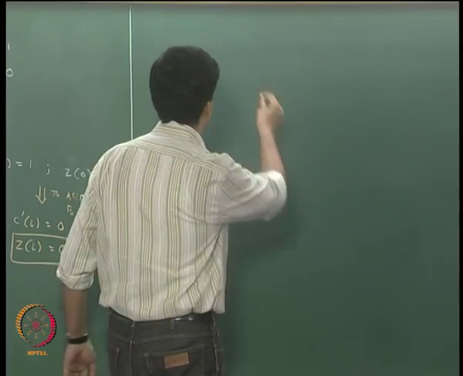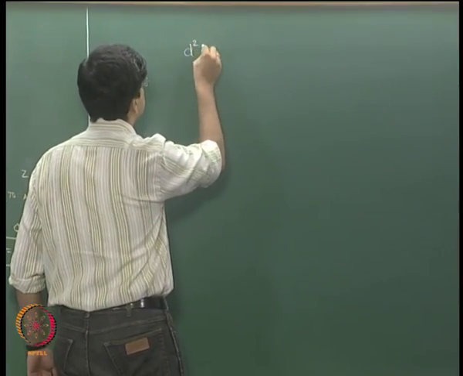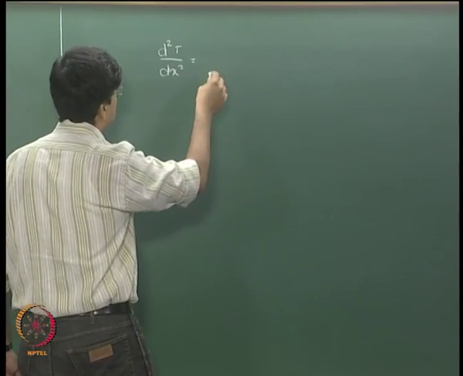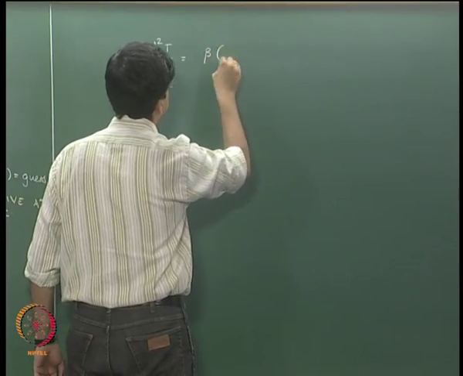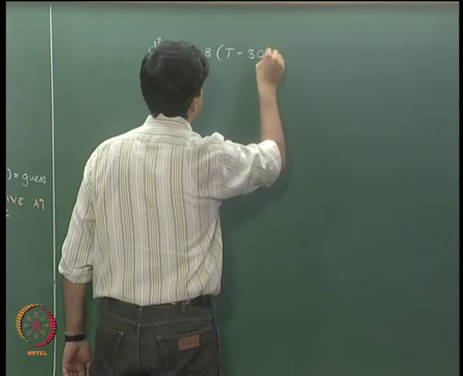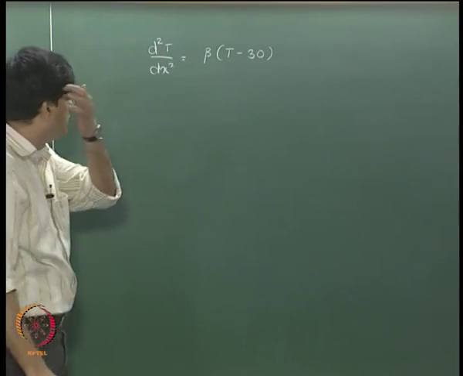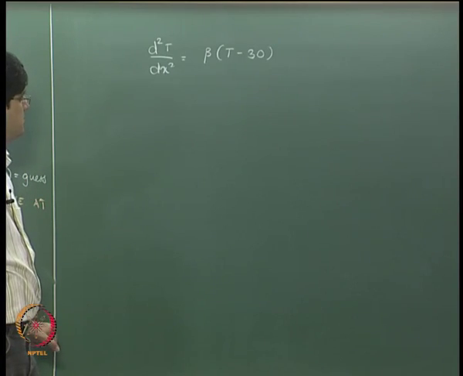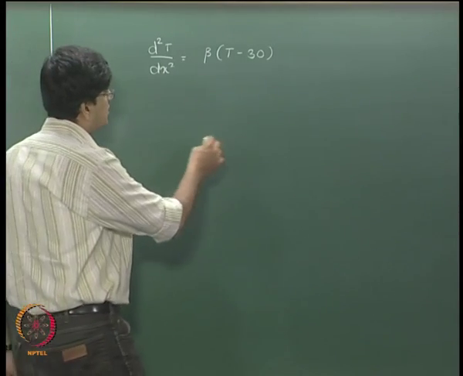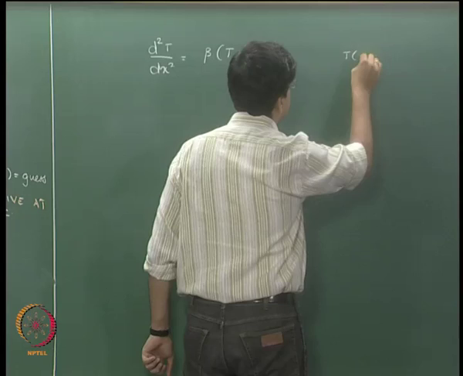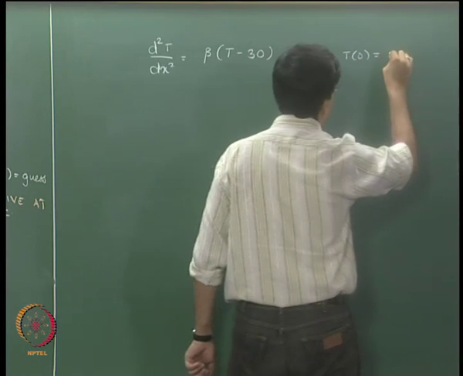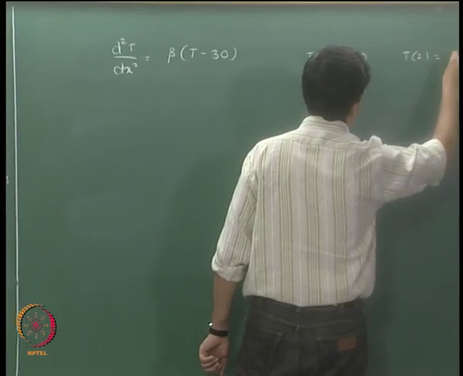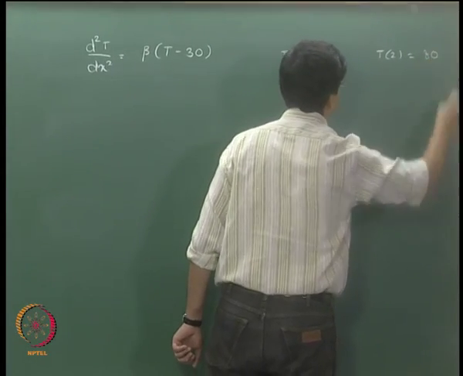The heat conduction problem, if we state it again, was d square T by dx square equal to beta times T minus 30, where beta value was equal to 0.01. Okay. So that was the problem that we wanted to solve with the boundary conditions T0 equal to 30 and T2 equal to 80.